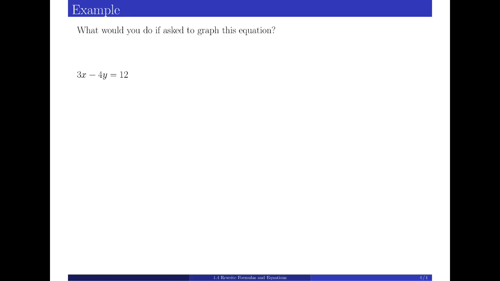Another example, what if I asked you to graph the equation 3x minus 4y equals 12? My guess is when it comes to graphing lines, you are more comfortable with slope-intercept form. That looks like y equals mx plus b. So given this equation, you might decide to solve for y.